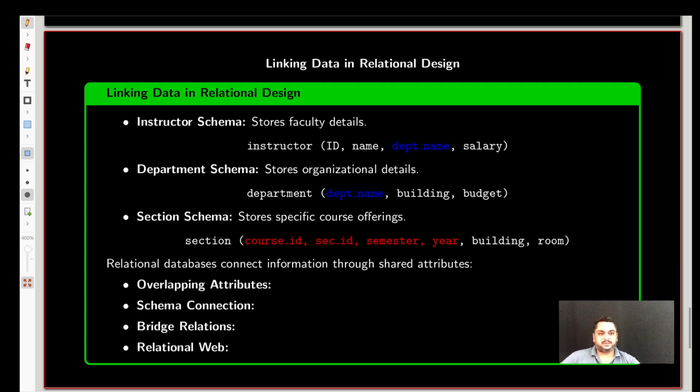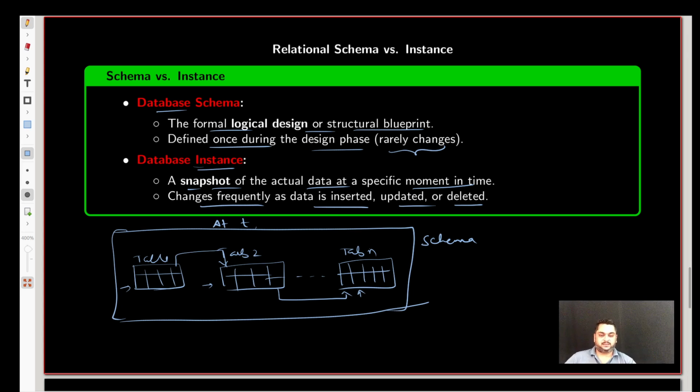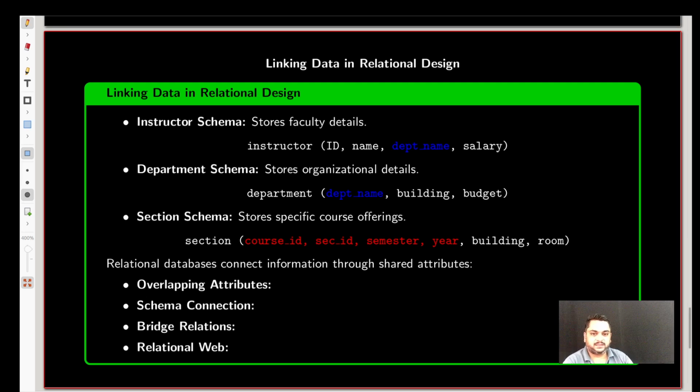Now another concept is linking data in relational design. The tables are also called relations, and they are linked. You cannot have independent tables; in a database design, all the tables are linked to gain information. Let us see some examples. Say there is an instructor schema, a department schema, and a section schema.